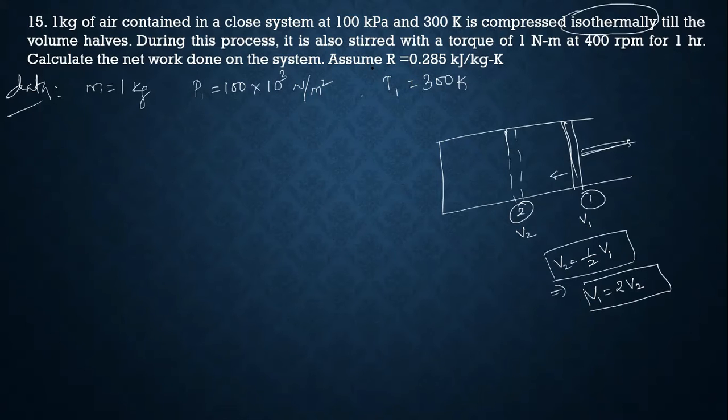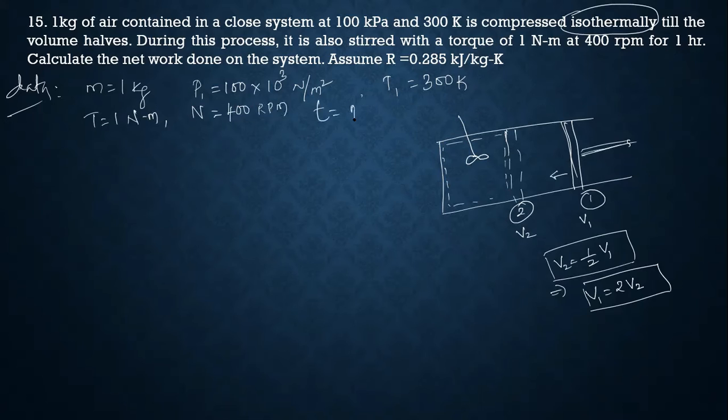During the process, it is also stirred with the torque. That means whatever the system, if I consider a gas or any system, then that particular system is also stirred with the torque of 1 Newton meter at 400 RPM, that is 400 RPM for 1 hour.